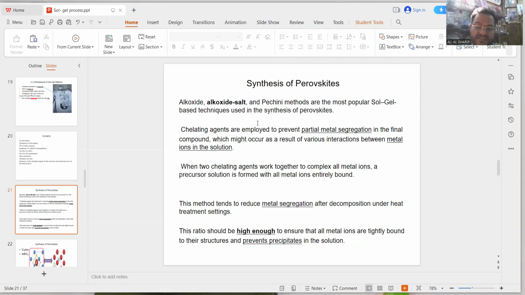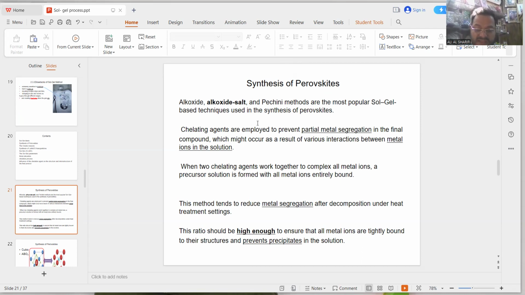When the gelating agents work together to complex all metal ions, a precursor solution is formed with all metal ions entirely bonded with each other.